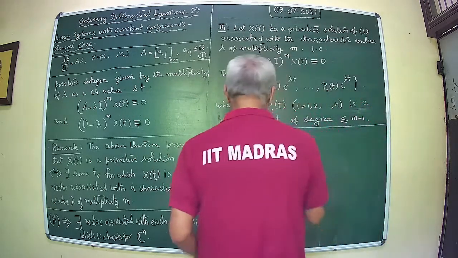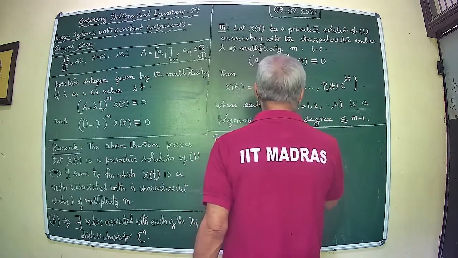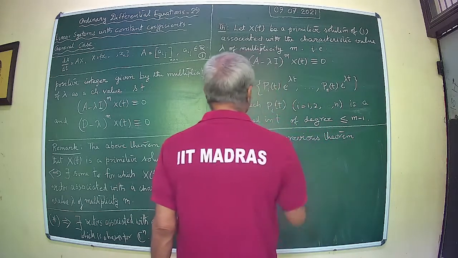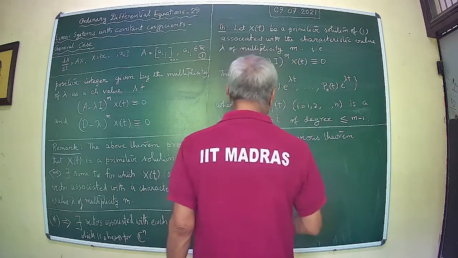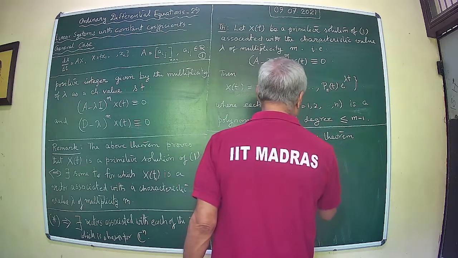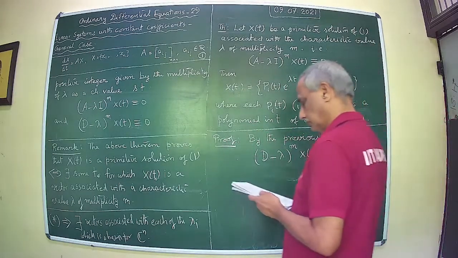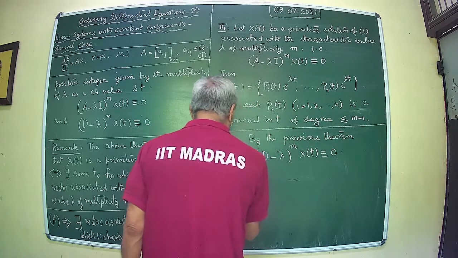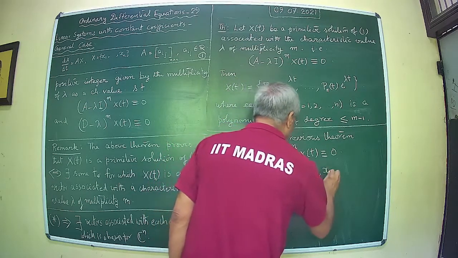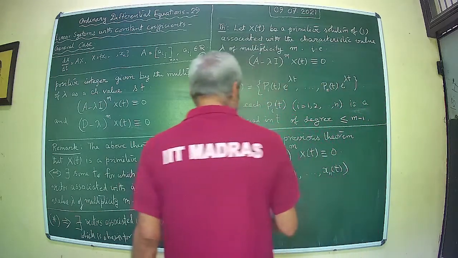By the previous theorem, what we have is that (A minus lambda I) to the power m x(t) is the same as (D minus lambda) to the power m x(t). So let, then what you have is this.